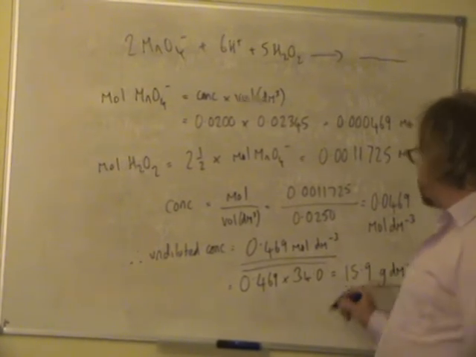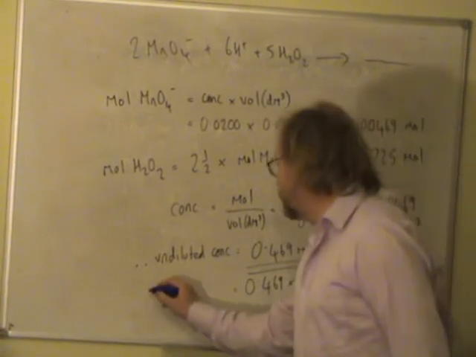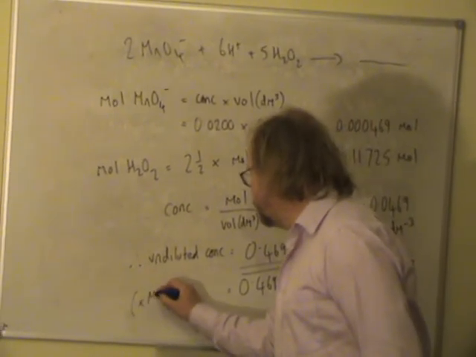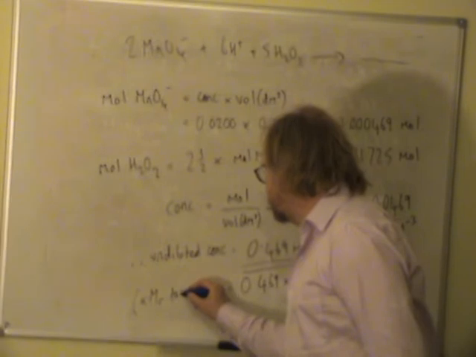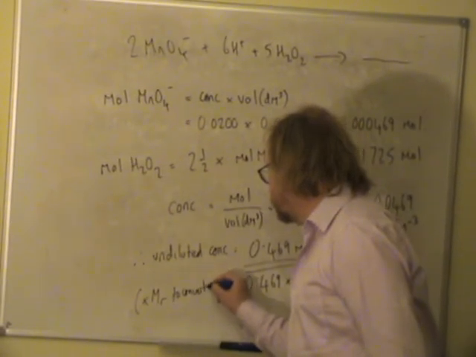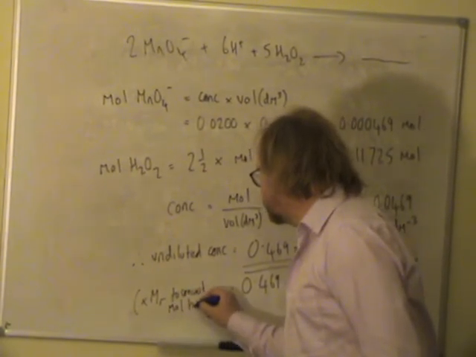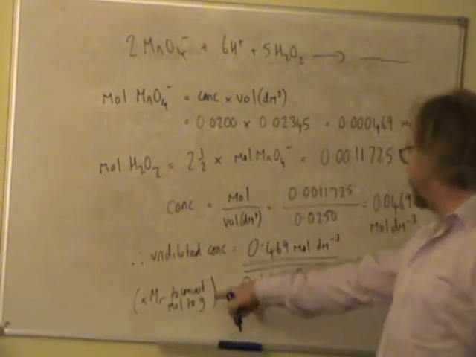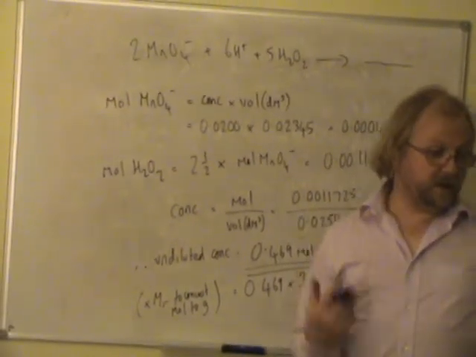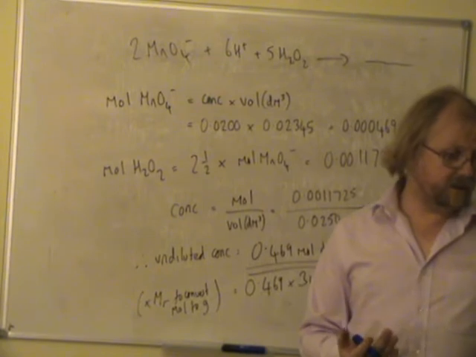Okay, and again, I've been a bit sloppy there and not really explained my working, so you've got to say, multiply by Mr to convert moles to grams is what we were doing in that step. So 15.9 grams per dm cubed is the answer.